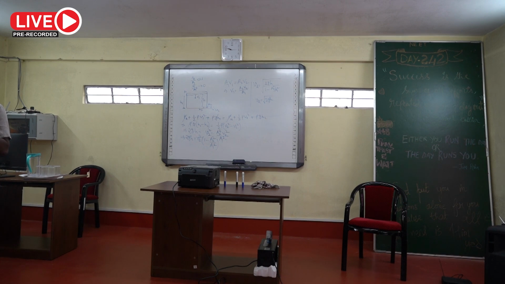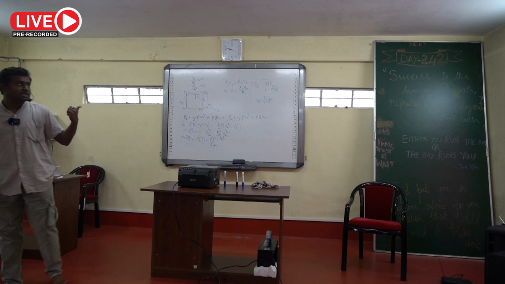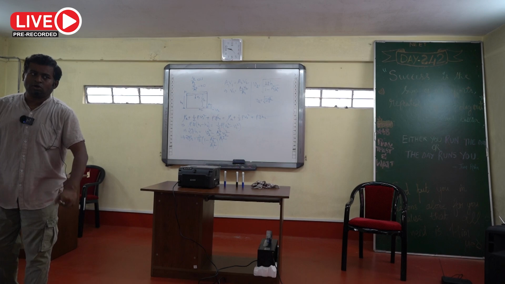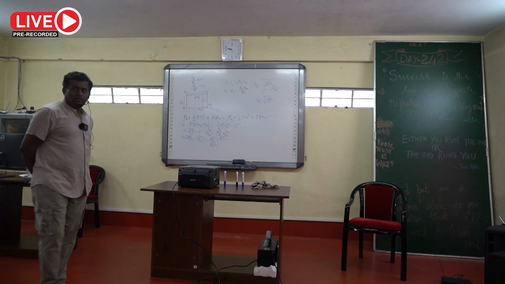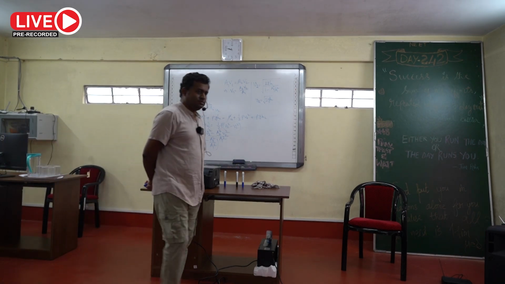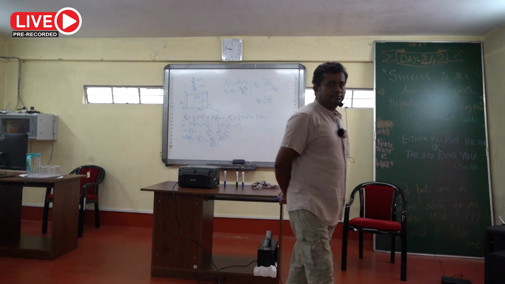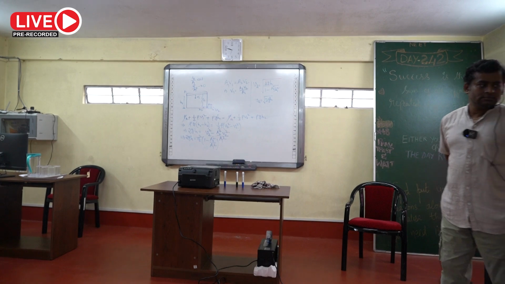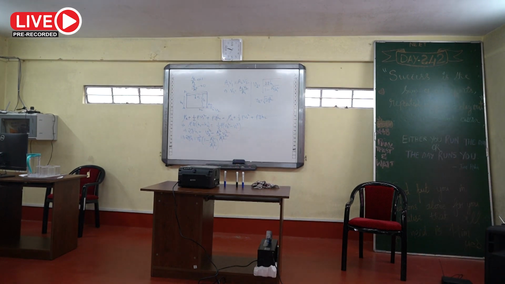So that's why it is termed as efflux velocity. So efflux velocity is similar to the velocity of a free falling body from a height h. This is the general form.